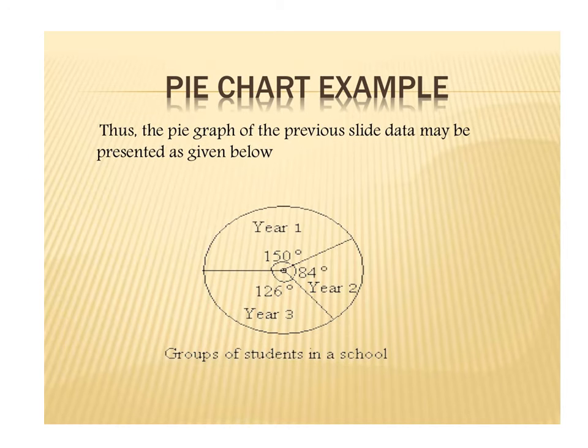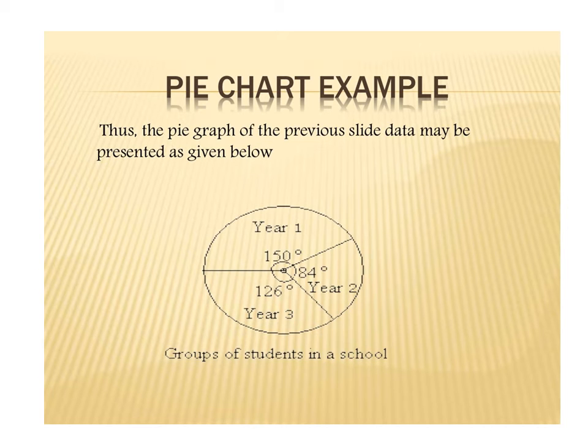Now we draw the pie chart of this example. Thus the pie chart of the previous slide data may be presented as given below. First of all, according to the steps we discussed earlier, we draw a circle and by using a protractor we make the angles for the different years.